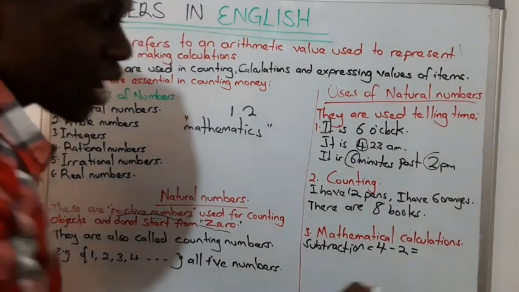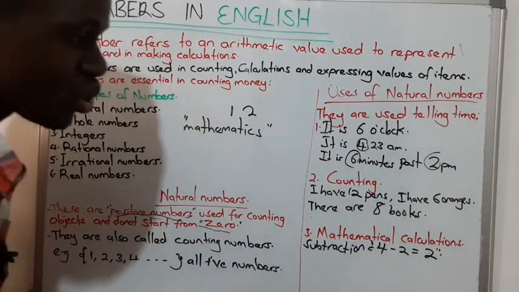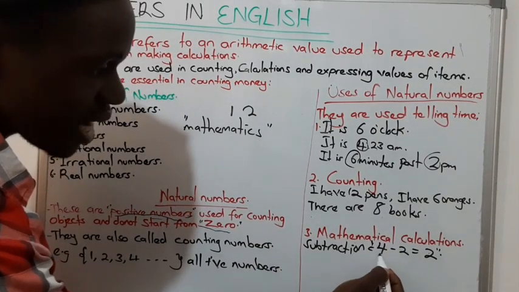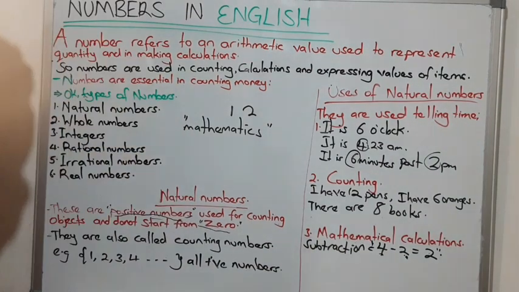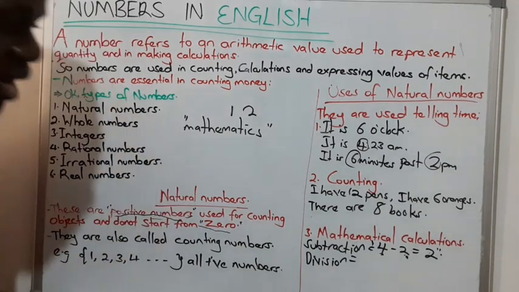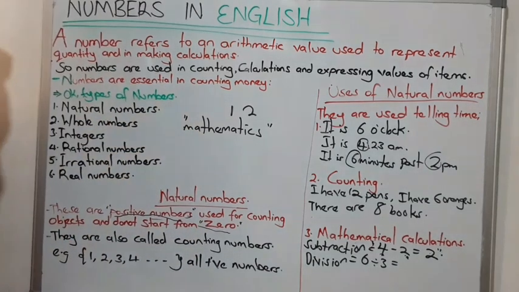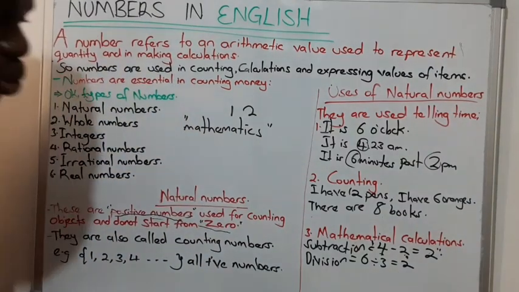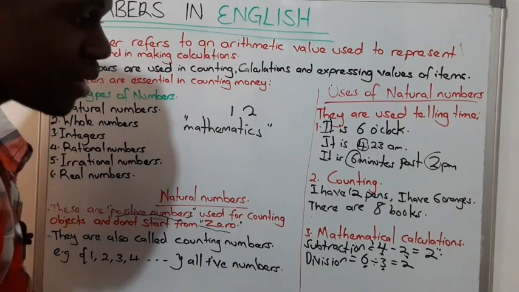You get 2. These are numbers used when we are calculating. Under division, if I say 6 divided by 3, what's the answer? You get 2. So 6 and 3 are natural numbers, or counting numbers.